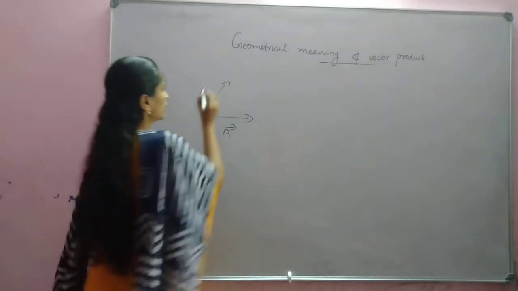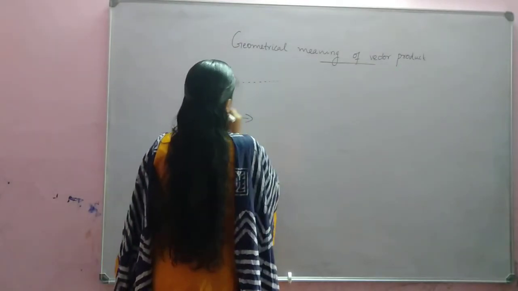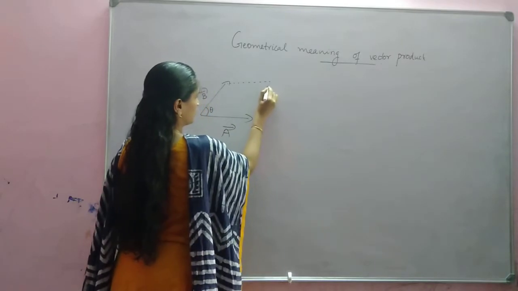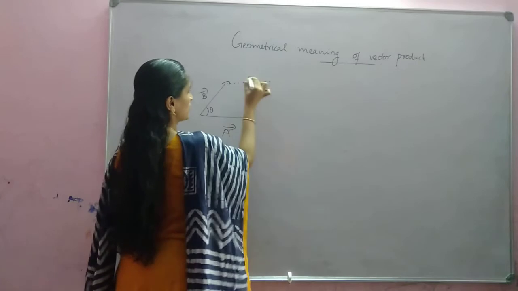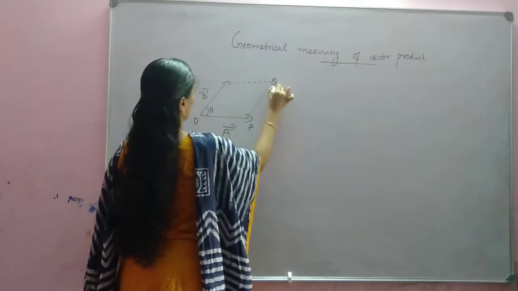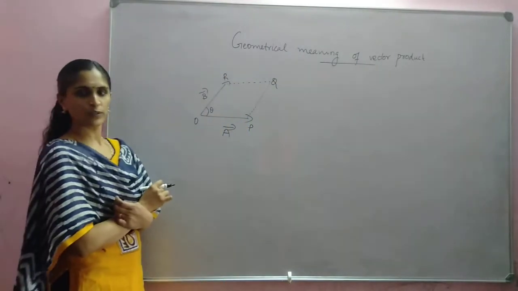If you construct a parallelogram, we can write the vertices as O, P, Q, R. So we constructed a parallelogram with these vectors.